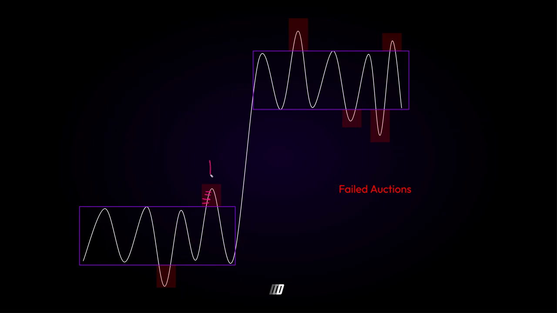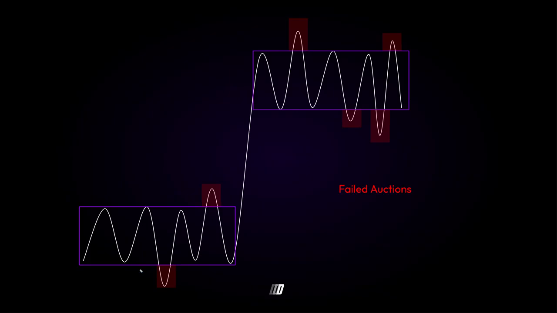Because either aggressive sellers take control of the market, or because this phase of aggressive buying exhausts and aggressive selling starts to take control again and brings price back in a situation of fair value and the auction in a situation of balance. This is what we call a failed auction.